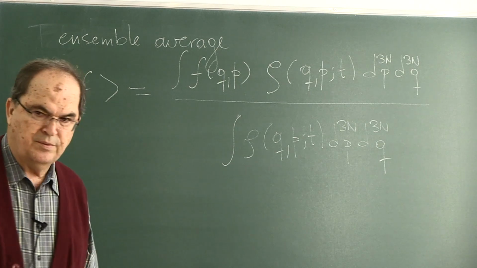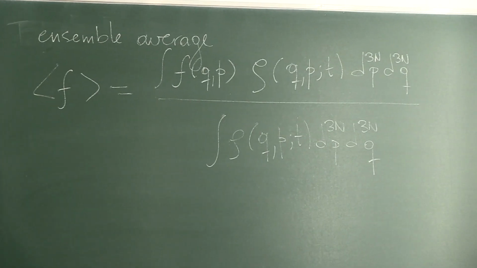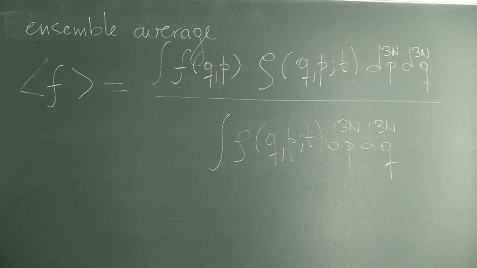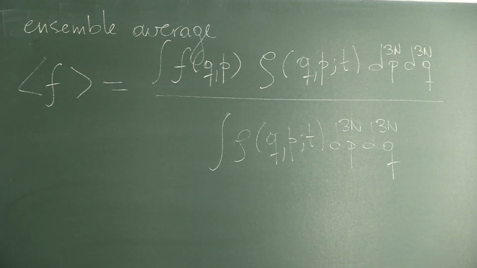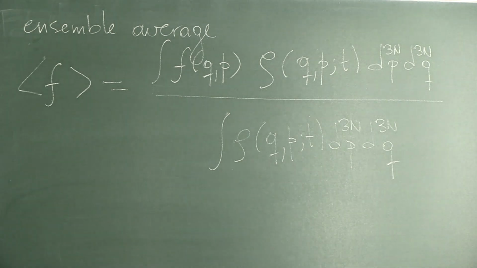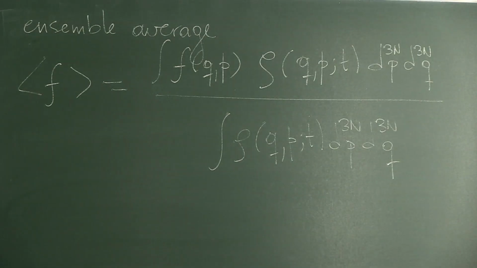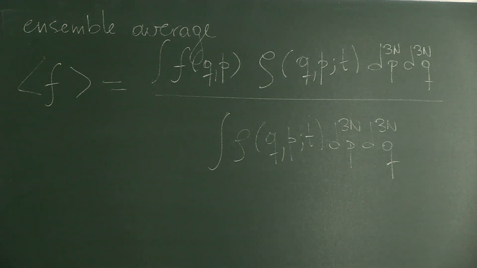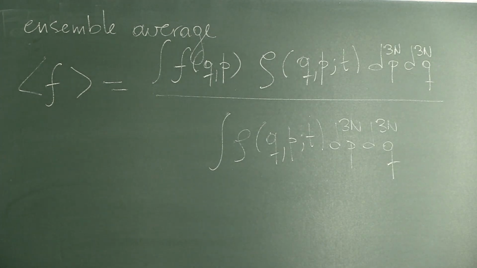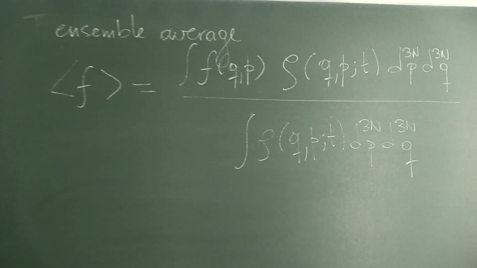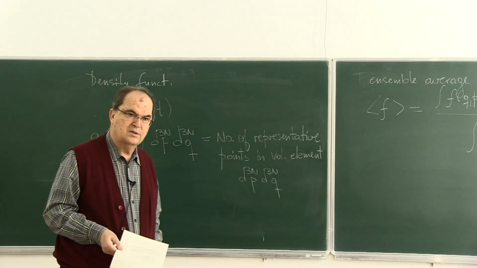For example, for microcanonical systems, rho is going to be constant if the given condition on total energy is satisfied. If the energy of the system is in the shell you are defining, or if it is fixed, then rho is constant and zero otherwise. There is nothing if the condition is not satisfied.